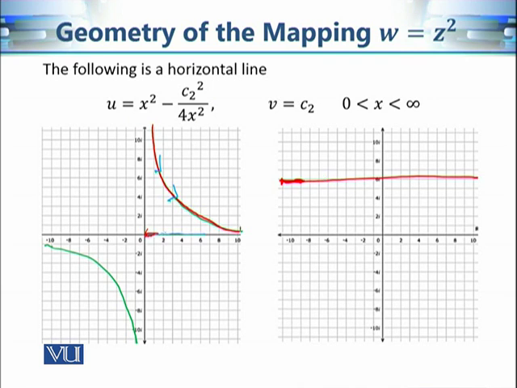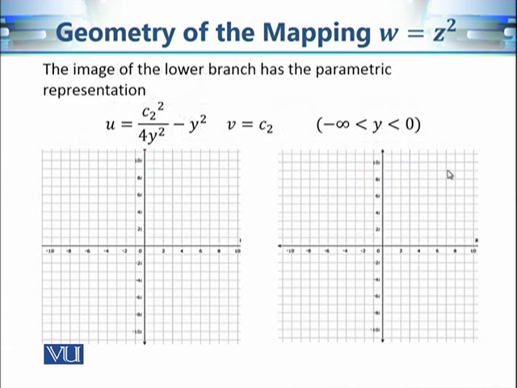So if we start our travel from this portion, with x coordinate very, very close to the origin, then in the w plane, or after applying z square, we are traveling in this direction. And similarly we can calculate the image of the other portion.